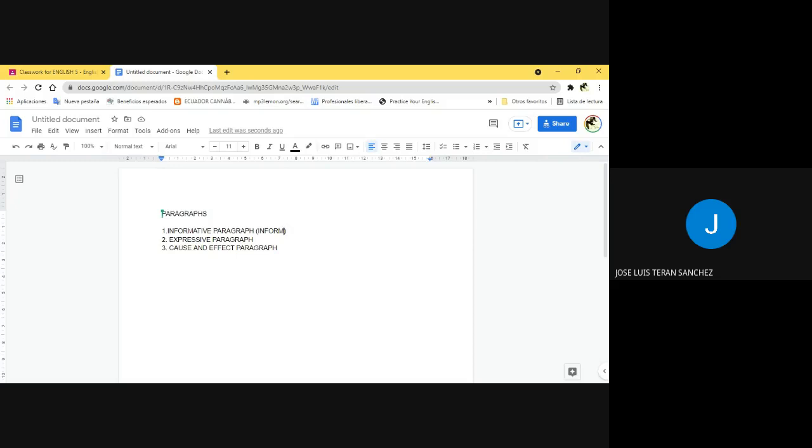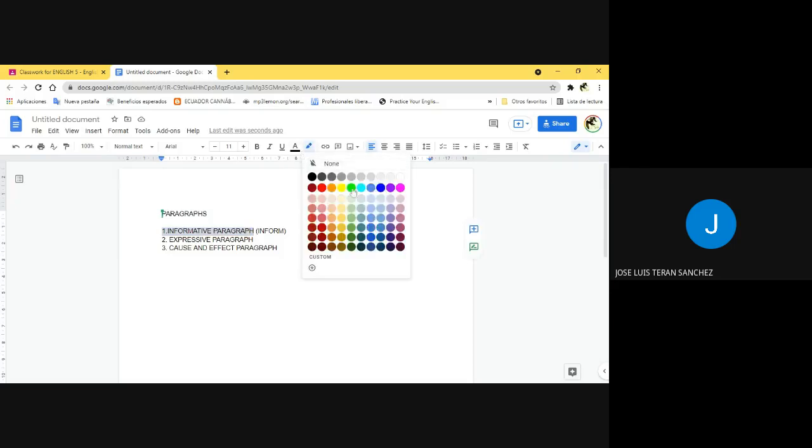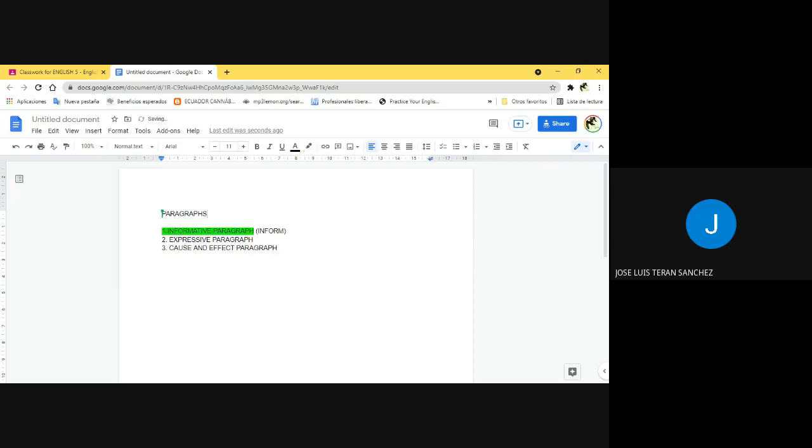So in that case, they are informing. Okay, at the university, this is the most common, and in most cases the only type of paragraph that you write at the university.